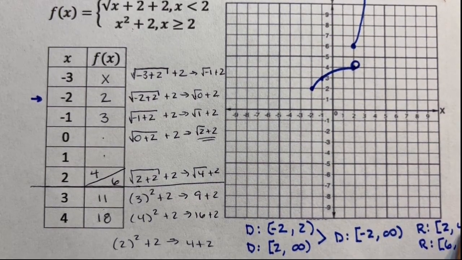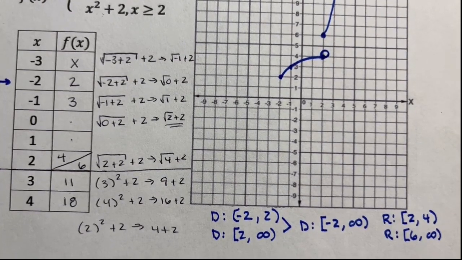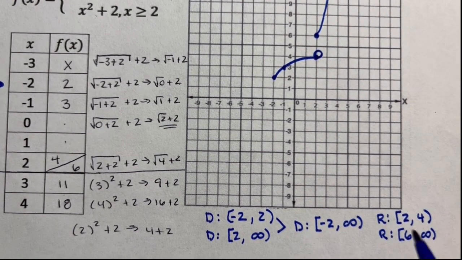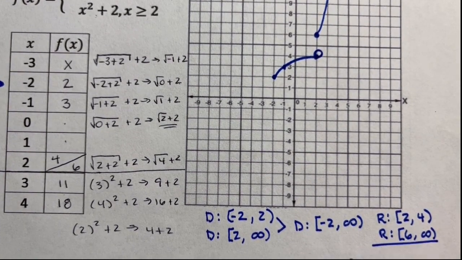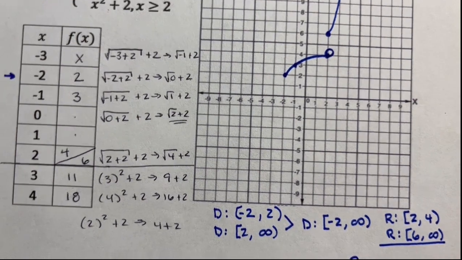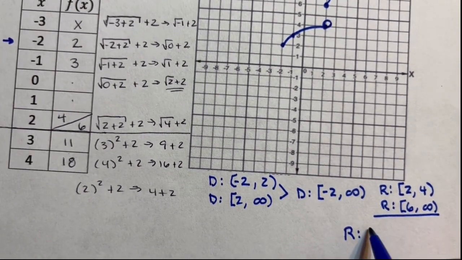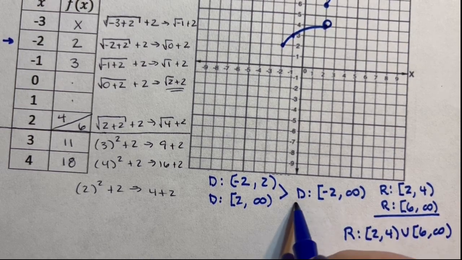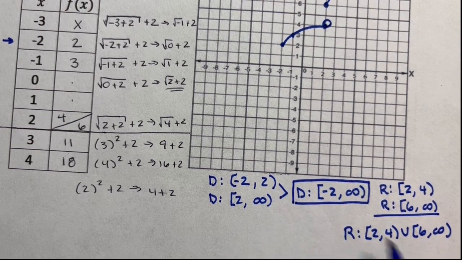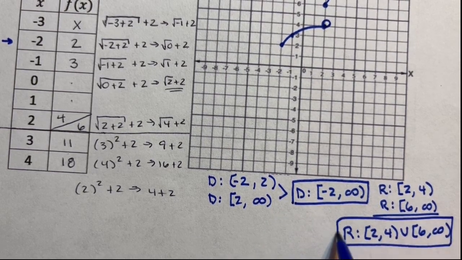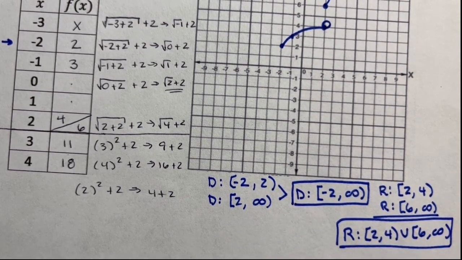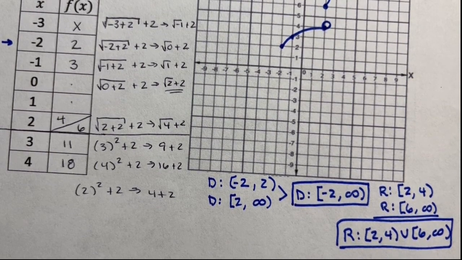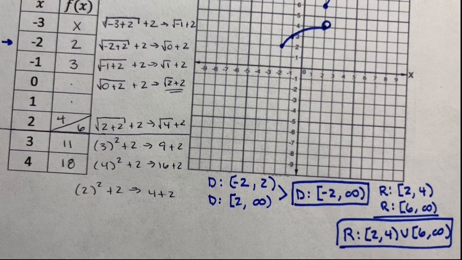Because these numbers are not the same, the final range will be 2 to 4 joined with 6 to infinity. So we have a final domain and a final range. The domains could get combined because it was continuous. The range could not be combined because there was a jump in the range.